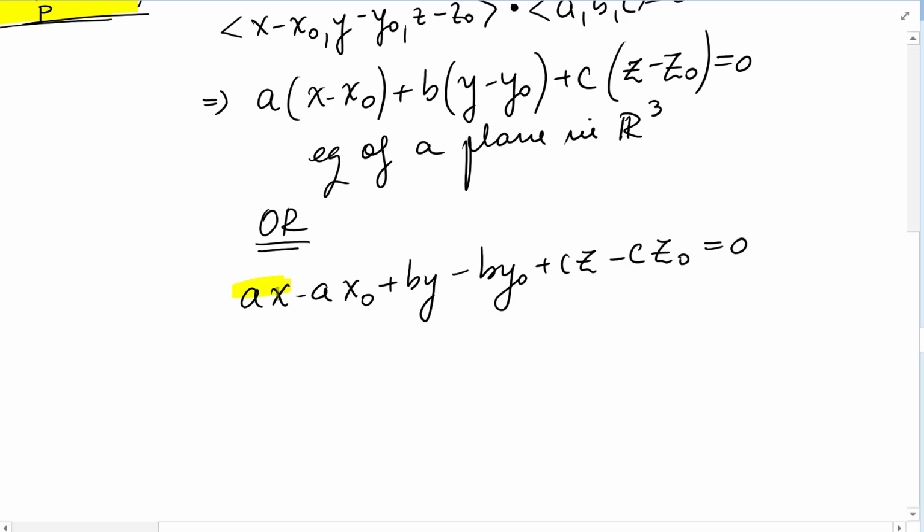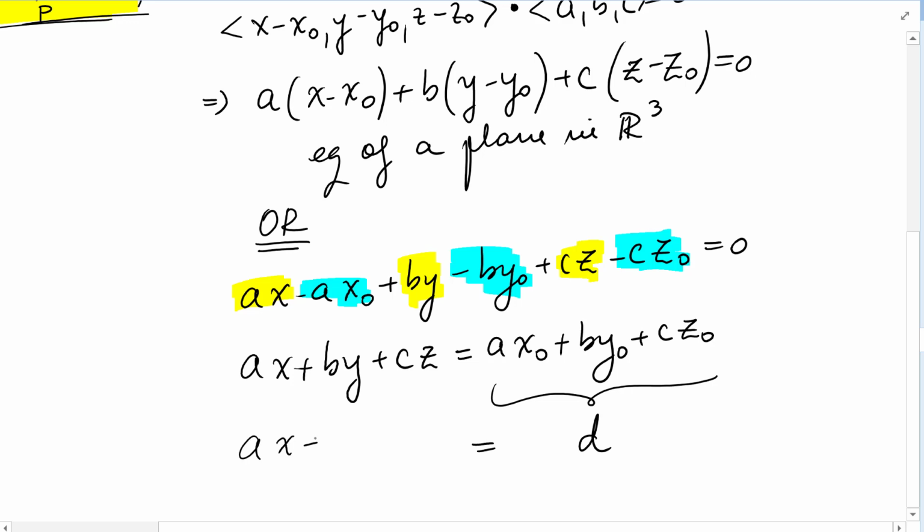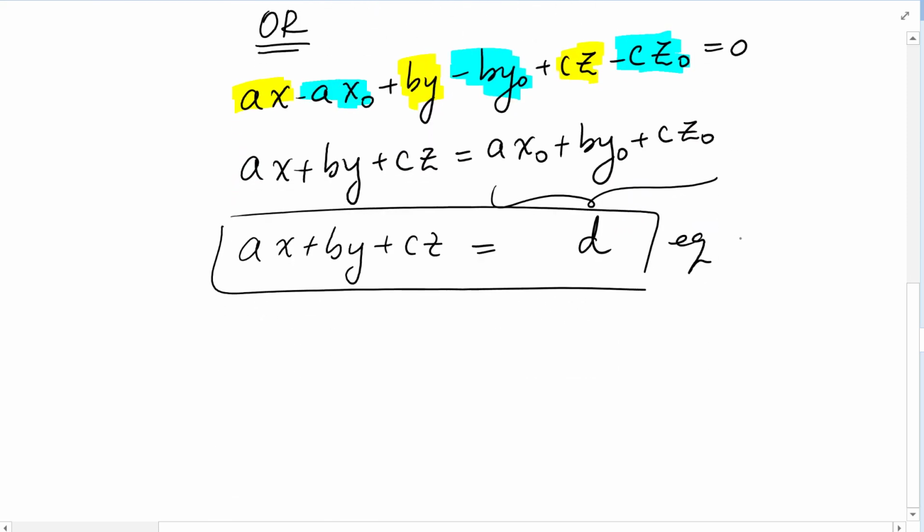Now if we move these terms to the other side, we get Ax plus By plus Cz equals Ax0 plus By0 plus Cz0. And if we rename this as D, we can write the equation as Ax plus By plus Cz equals D. So again, the equation of the plane in R3 in a different format.